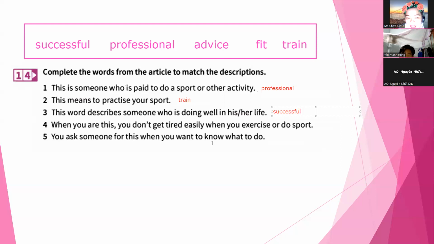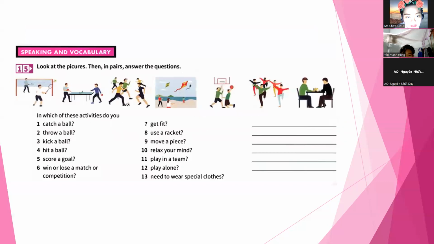When you are this, you don't get tired easily when you exercise or do sport. Fit. When you are fit or your body is in good condition. You ask someone for this when you want to know what to do. Advice. Yes, we are seeking an advice. All right. So that's the main highlight when we talk about this certain activity.